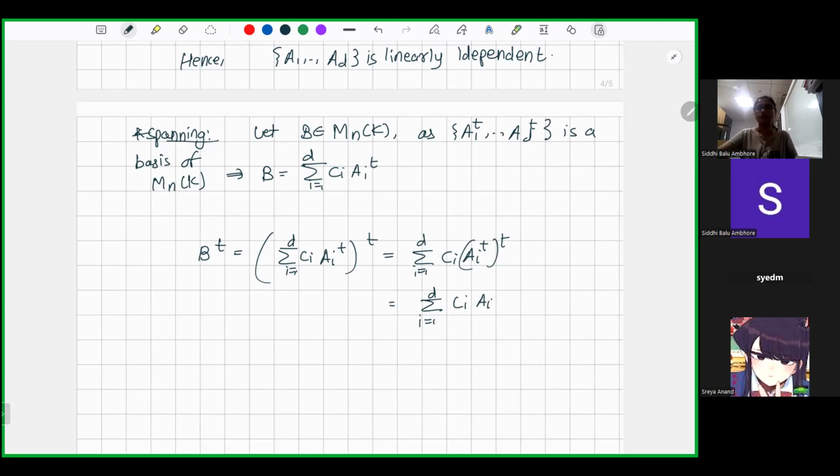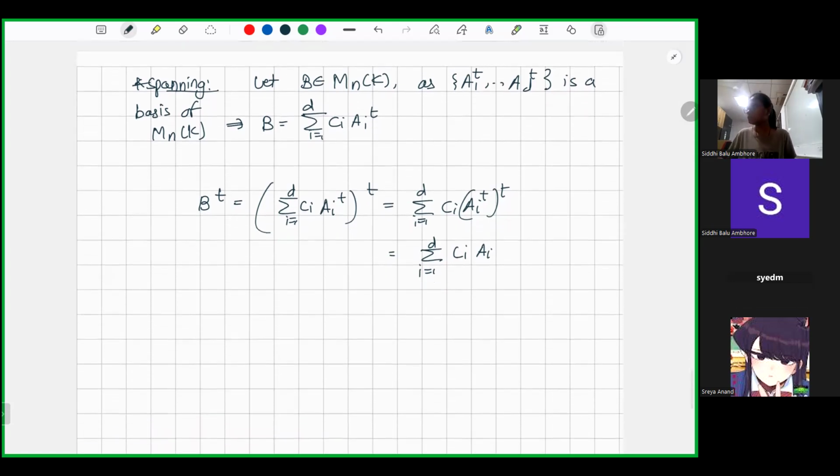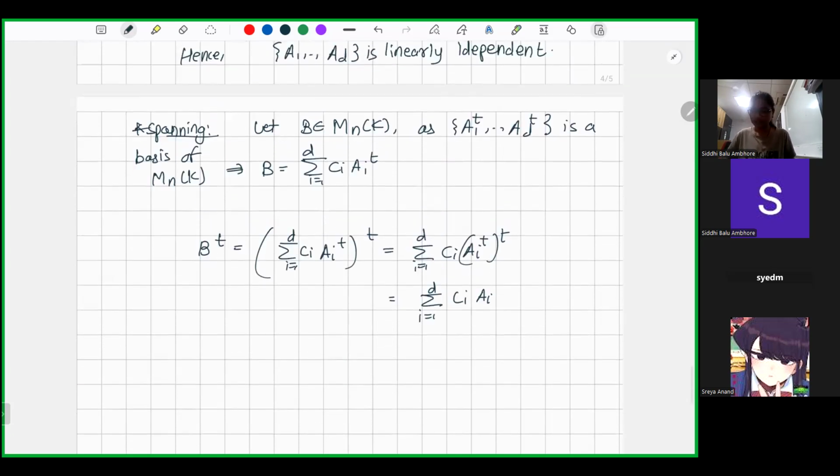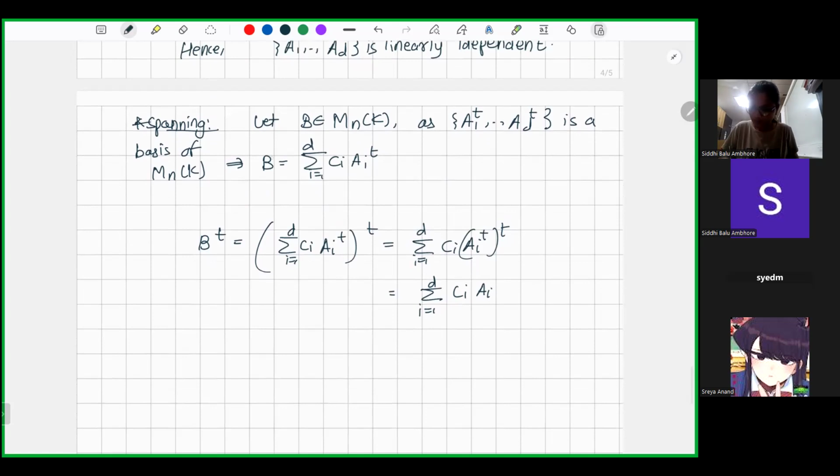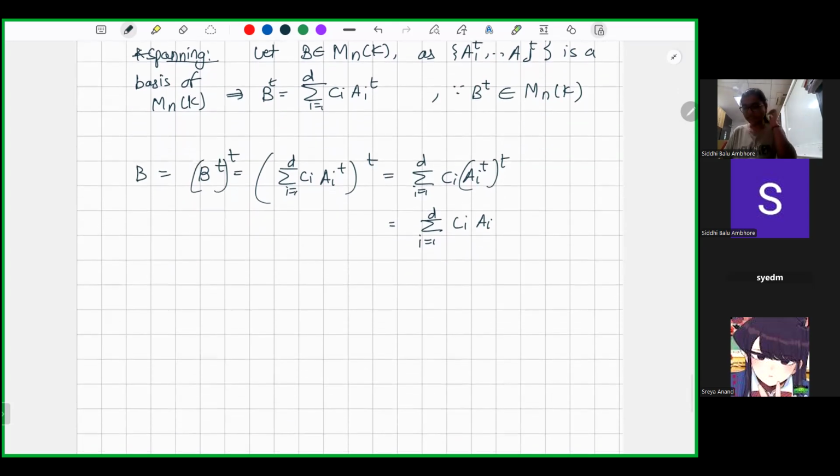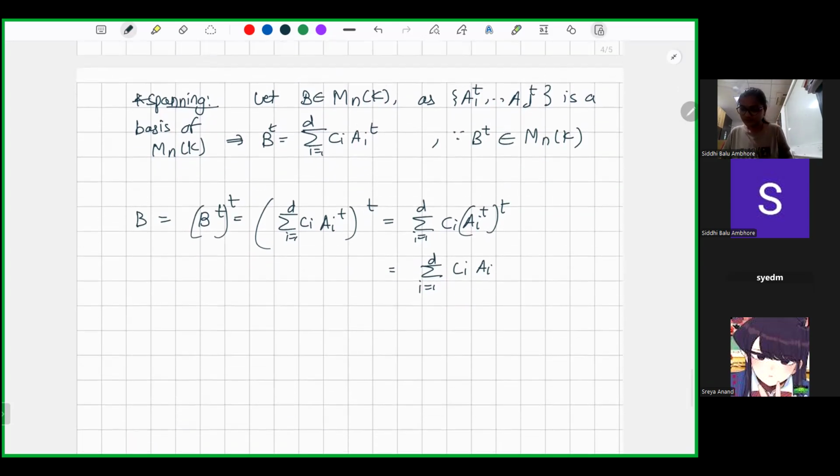Okay, sorry for that. I think we have to take the transpose of this. So B transpose belongs to MNK, and then this B will be B transpose transpose. Now I understood why they didn't take too many transposes here. But at the end we got it right.